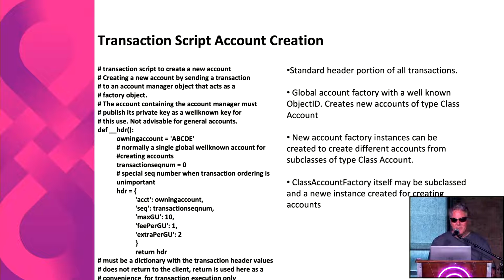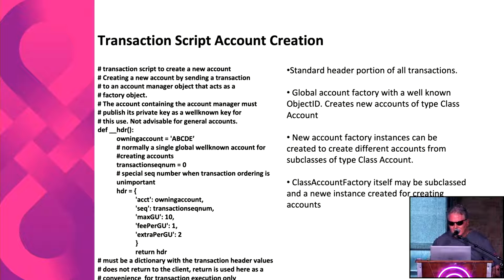That's what's actually being returned. Again, I'm trying to make this as standard Python as possible. I'm using a factory model, which means that there's an object called account factory, which is an object instance of class account factory that creates accounts, and it does that by creating instances of class account.